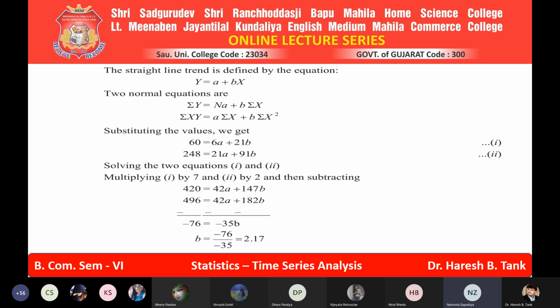Similarly, summation of xy is a times summation of x plus b times summation of x square. Summation of xy is 248, summation of x is 21, summation of x square is 91. So the second equation comes to 248, which is equal to 21 times a plus 91 times b, and that generates the second equation.